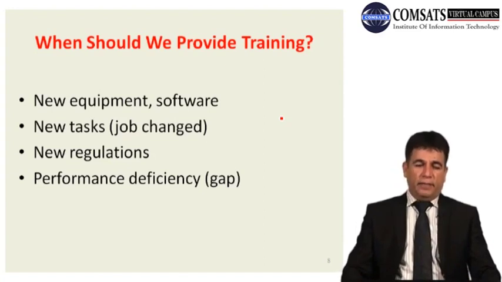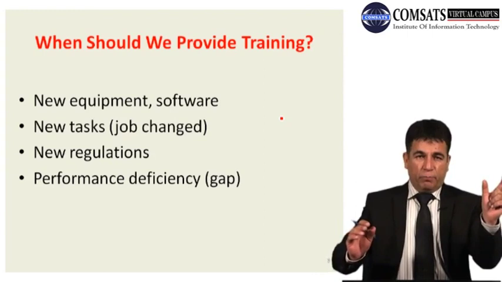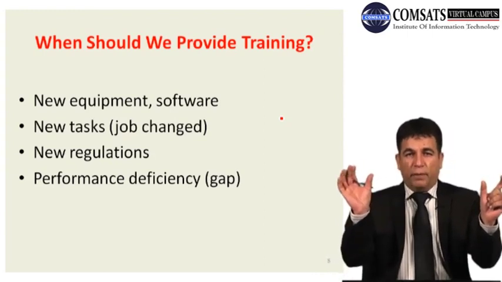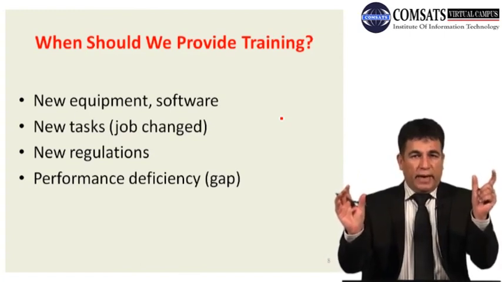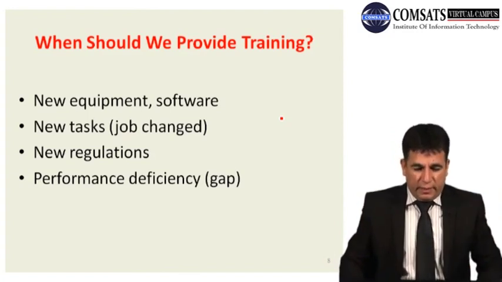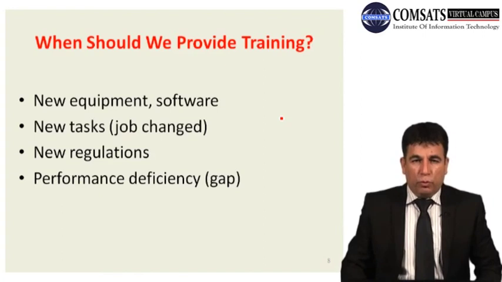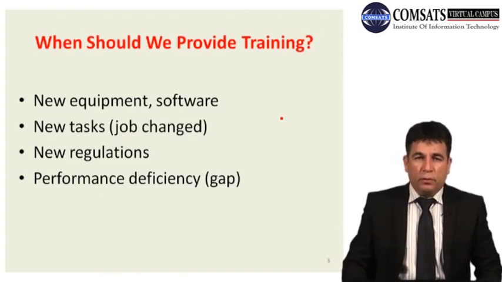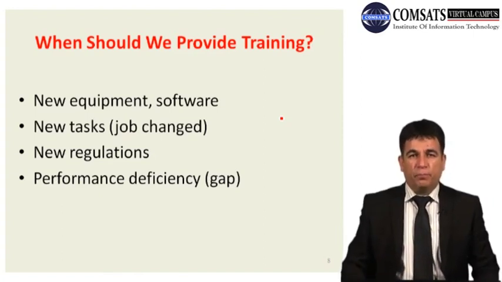So how do we know that there is a performance deficiency or performance gap? There is one thing called actual performance. The other thing is called desired performance. When you look at the actual and desired performance, a simple example is, you need to write, for example, 2 units in 1 week.